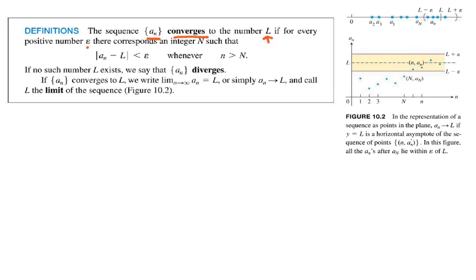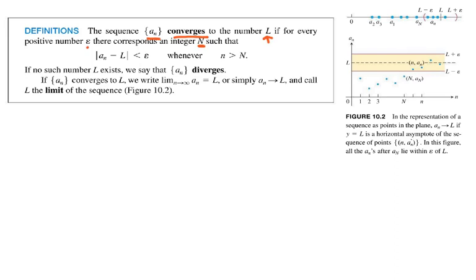And so if you go back and you think about the precise definition of a limit, we use L for our limit and epsilon, that kind of margin of error off of L. So this converges to the number L for every positive number epsilon that corresponds to some pre-selected integer capital N, such that the absolute value of a sub n minus the limit is always going to be less than some epsilon value, whenever your n is greater than that pre-selected capital N. And if no such number L for the limit exists, we then say that the sequence diverges.